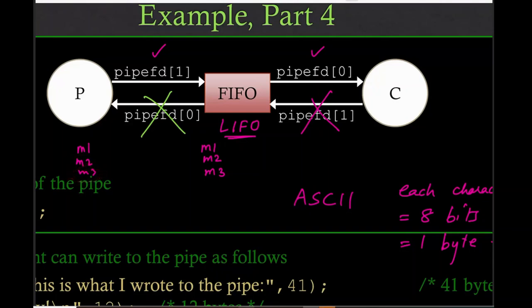So if it reads after M3 is written, then it will read in the exact reverse order, M3, M2, M1. The messages are being received in the exact reverse order. Or if the child reads after M2 was written, then it is doing M2, then maybe M3, then M1 in a scrambled order, right? So that's why you don't do last in first out. That's why you actually do first in first out, so that the messages are received exactly in the same order as they are sent. All right, that is all I have for you guys.